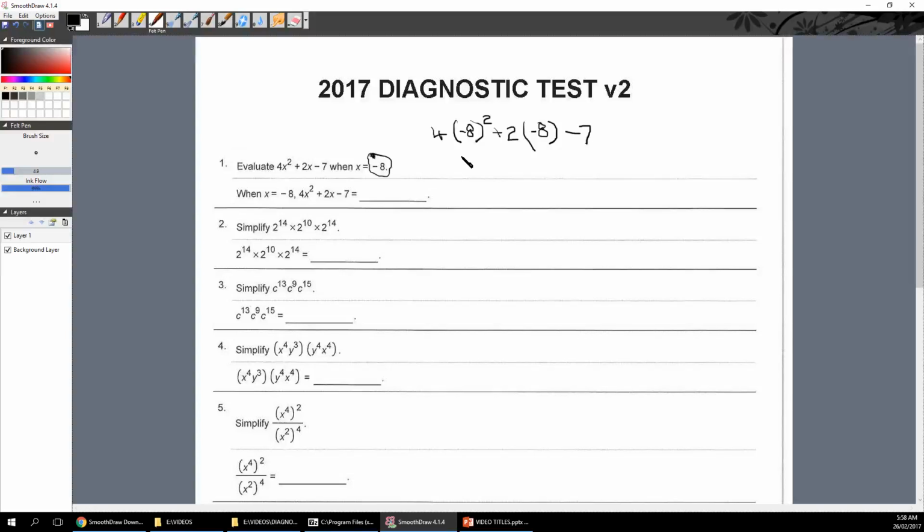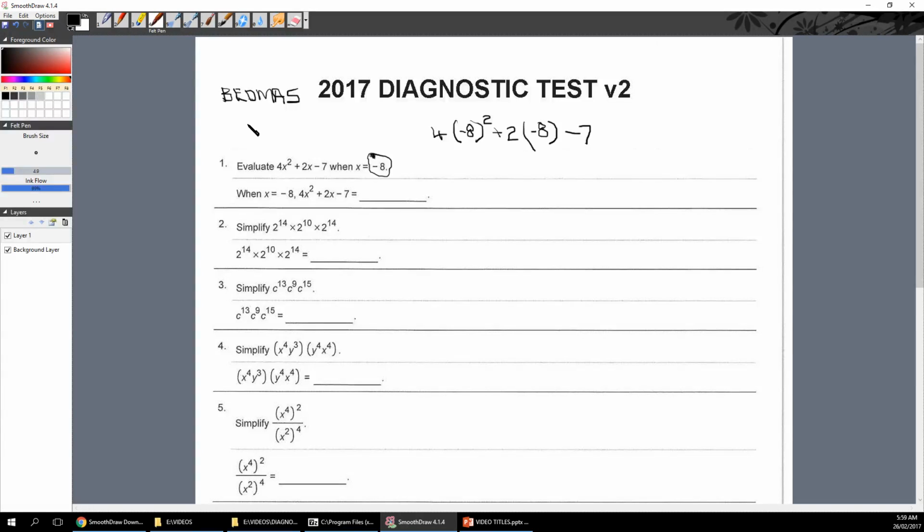Okay, now using BEDMAS, which is brackets, exponents, division and multiplication, addition and subtraction, together from left to right.